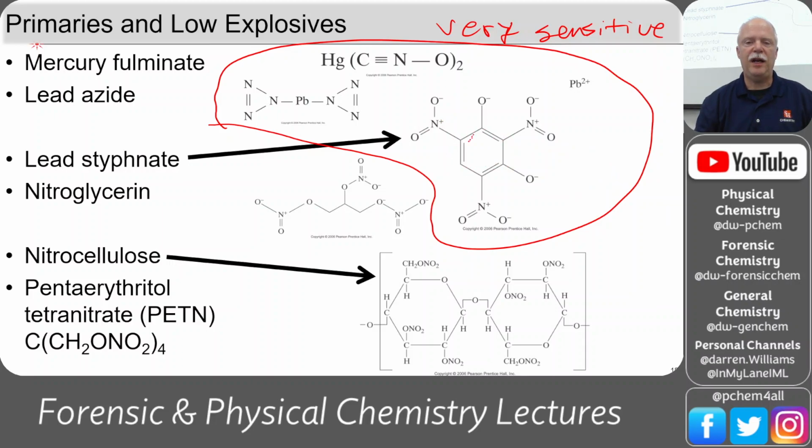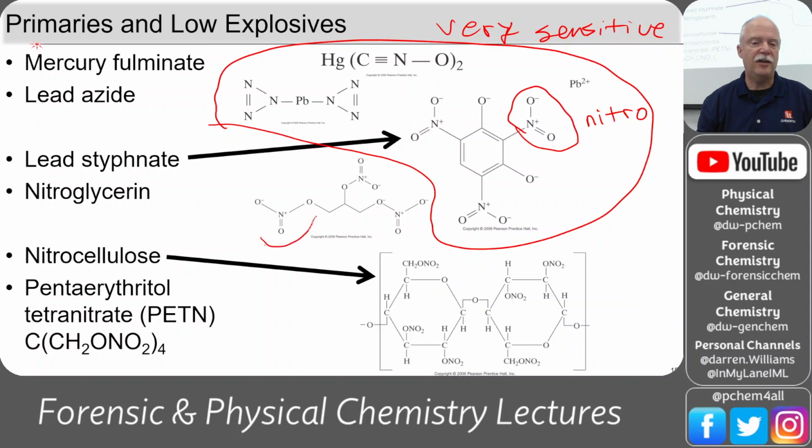It's this benzene ring. It's got nitro groups. So these are, and here's some vocabulary for you that I require you to know. So this is a nitro. And it's hooked to an aromatic. So that's a type of explosive called a nitroaromatic.